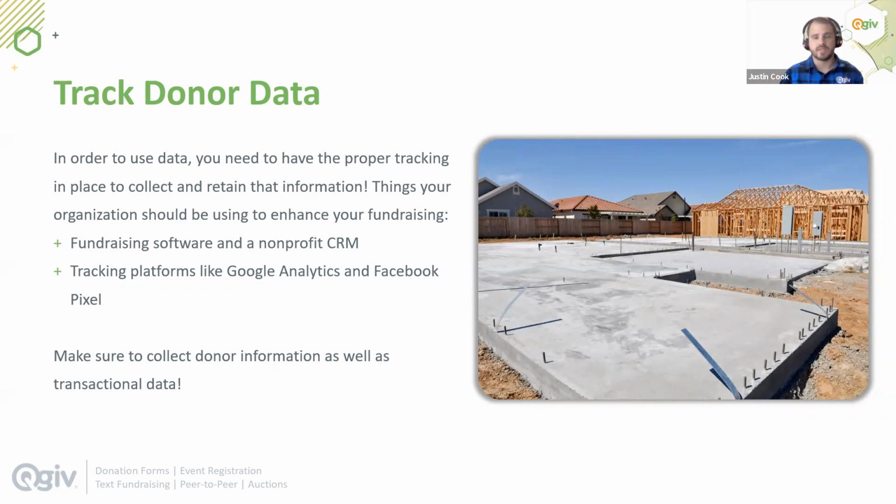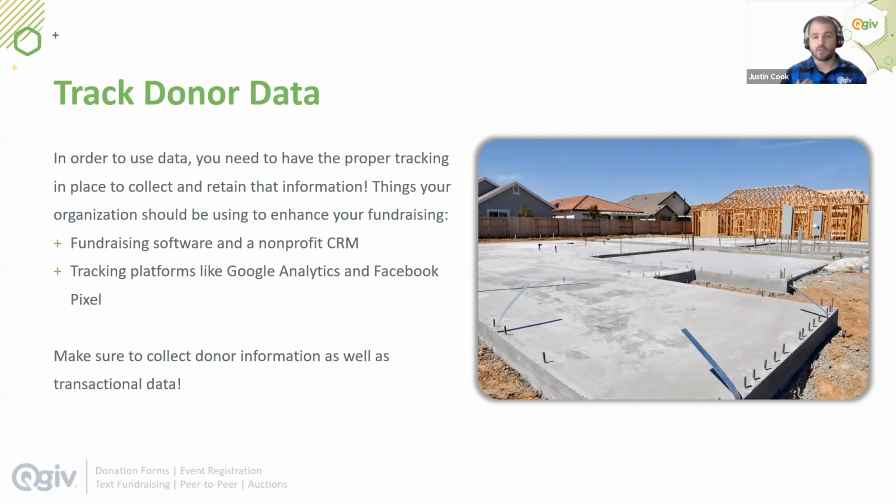Things that your organization should be doing in order to track this and put this all in one place is fundraising software. One, you'll get donation forms or event registration forms. Whatever campaigns you're running or events that you're running, you'll be able to add all of that donor information in there, collect that donation, that amount that they're giving to your organization, and then you'll be able to integrate into a nonprofit CRM.